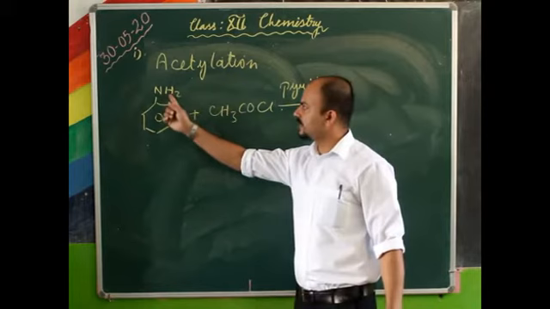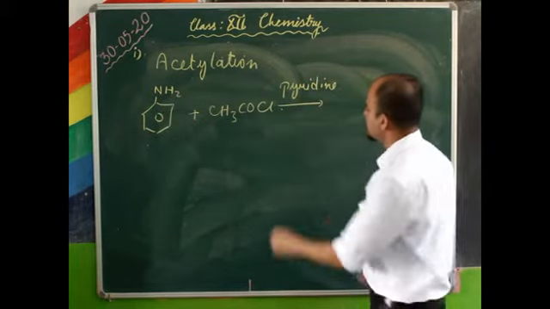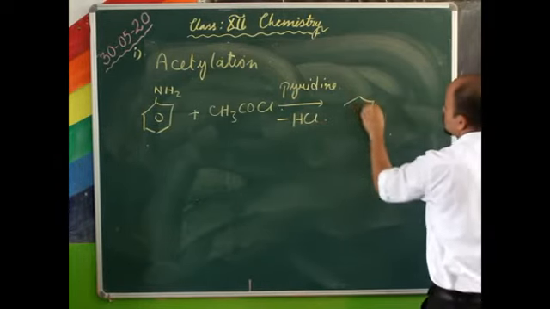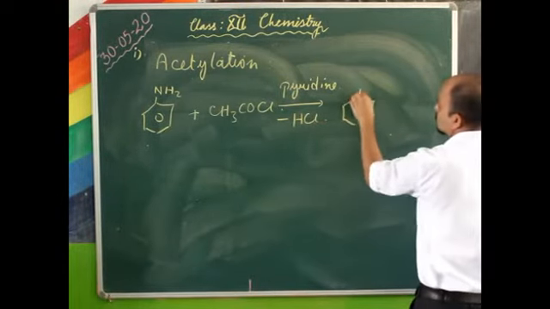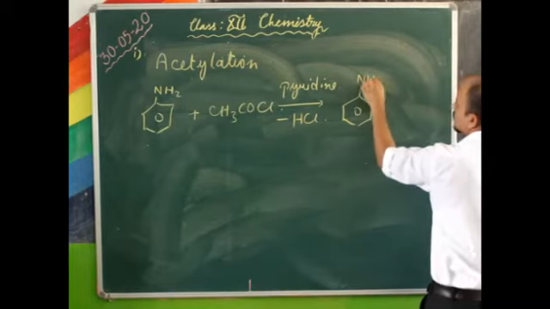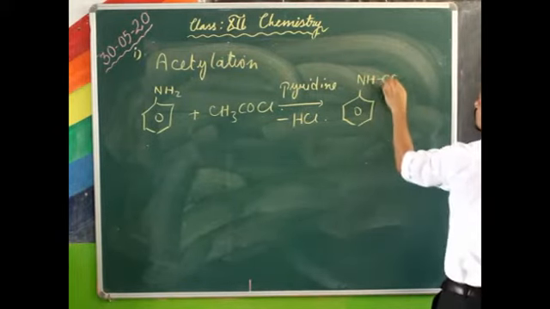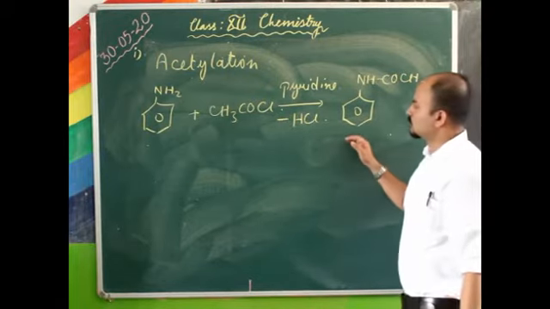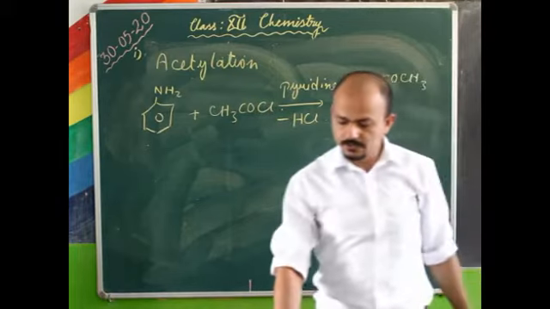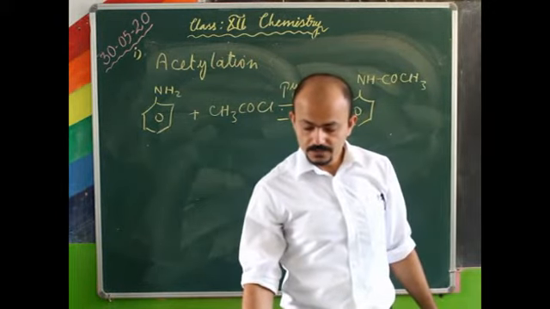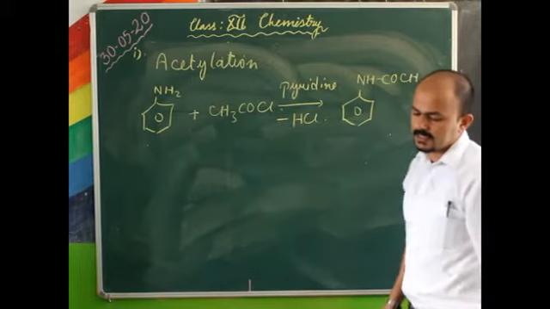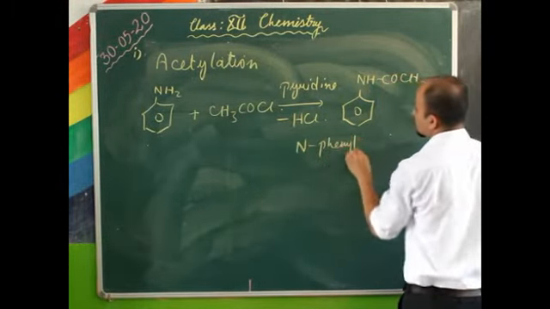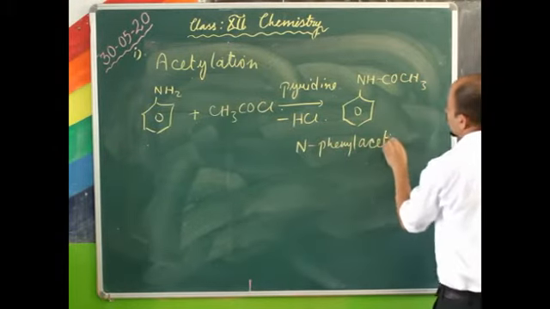This nitrogen's one hydrogen and one chlorine from here will be eliminated as minus HCl, and you would be getting this product, NHCOCH3. The name of this product is N-phenyl acetamide.